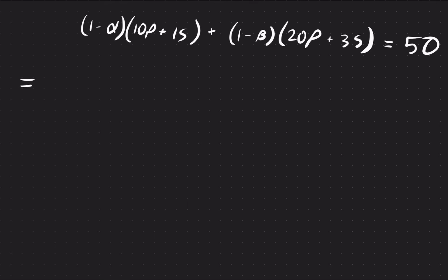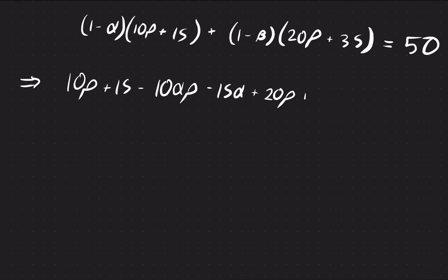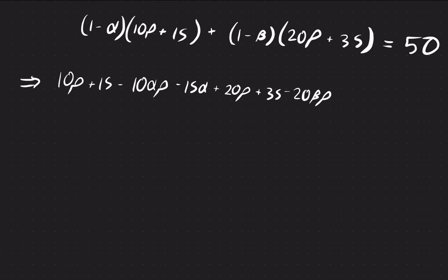And that's going to mean 10 rho plus 15 minus 10 alpha rho minus 15 alpha plus 20 rho plus 35 minus 20 beta rho minus 35 beta equal to 50.